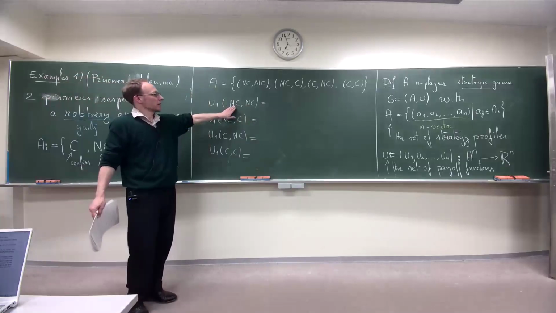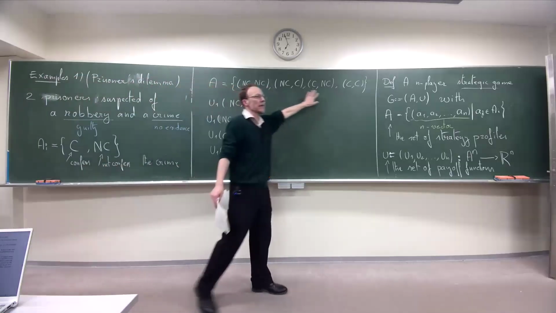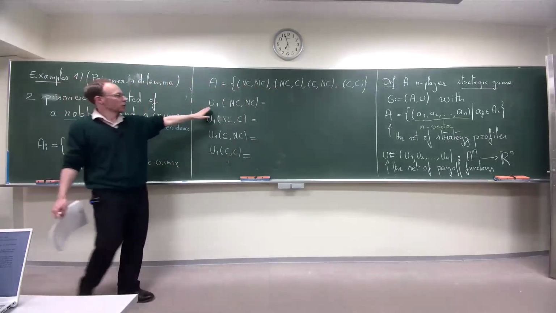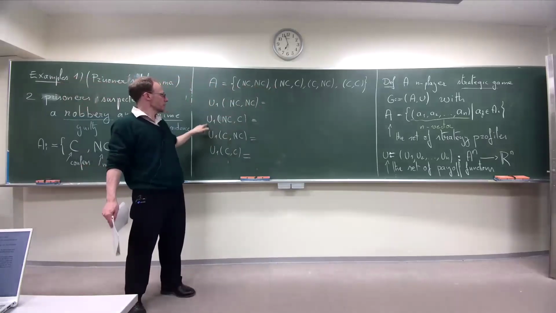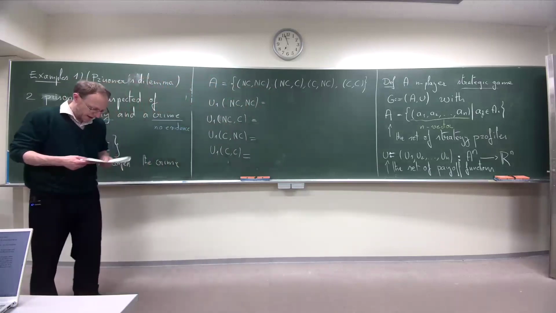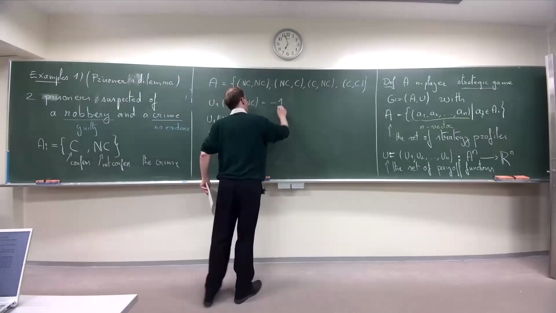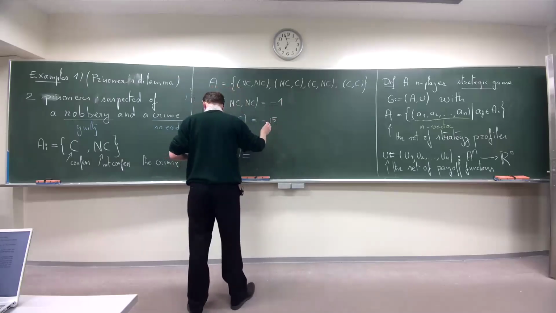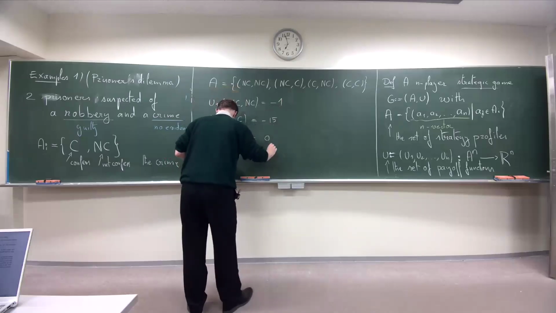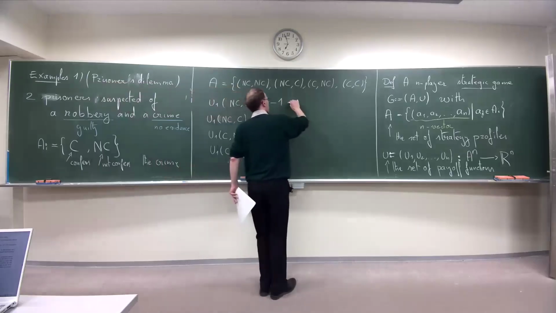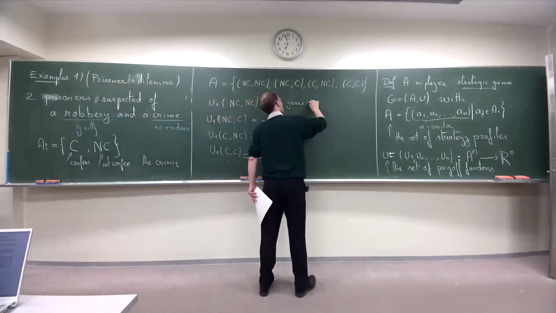It's a function on this set, so we have four possible points: U1 of both not confess, U1 of the first one not confess and the second one confess, and so on. And I assign some numbers which have a meaning. Of course, it's just an example. These numbers are years in prison.